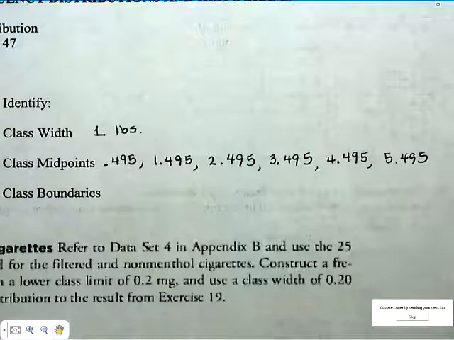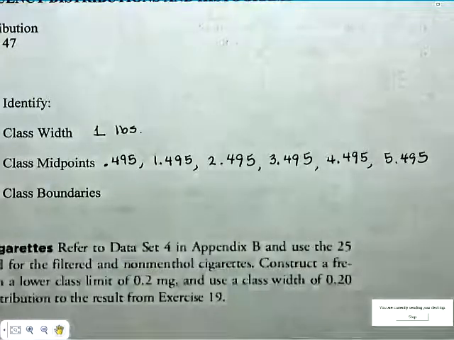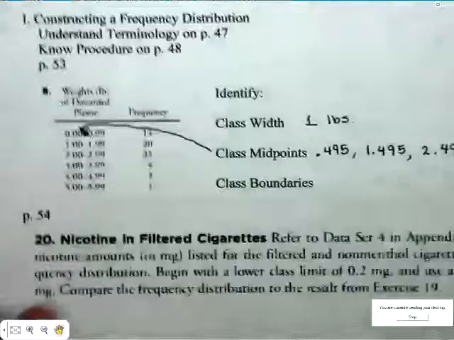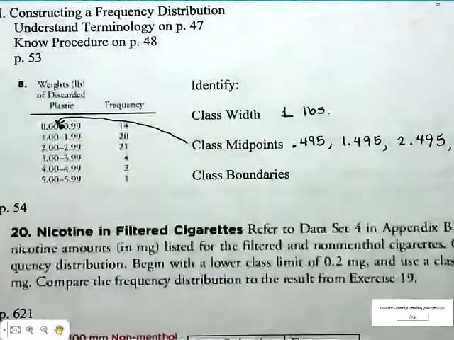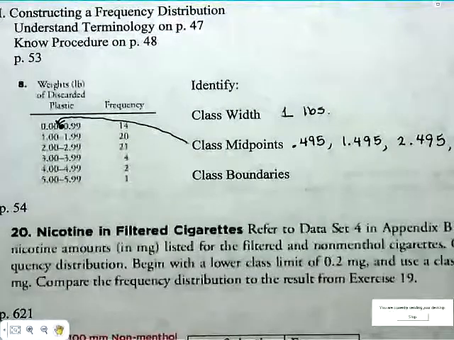So you just add the lower limit to the upper limit for each class and then divide by 2 to get what's exactly in the middle. You need to have the mental image of what a class midpoint is. It's smack in the middle of each one of those classes.